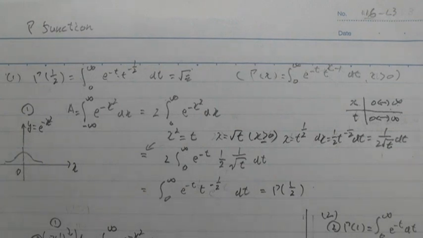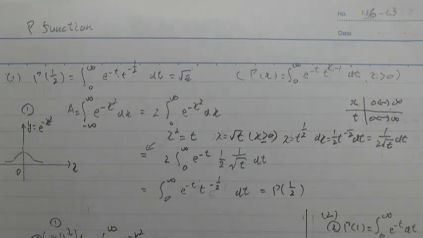And the definition: gamma(x) equals the integral from 0 to infinity of e^(-t) t^(x-1) dt. This is the definition, and x is positive.